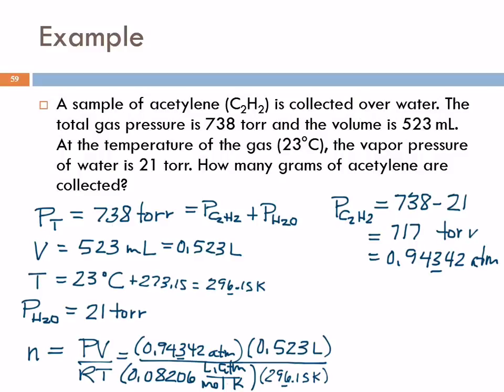Units: atmospheres, atmospheres, liters, liters, Kelvin, Kelvin, that's okay. 0.94342 times 0.523 divided by 0.08206 divided by 296.15 equals.